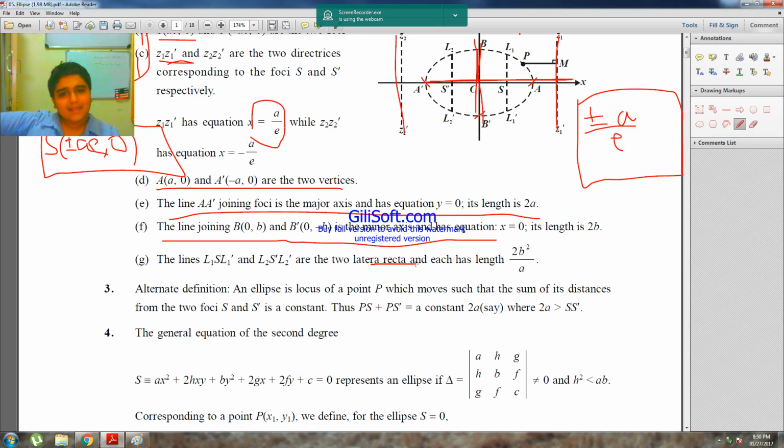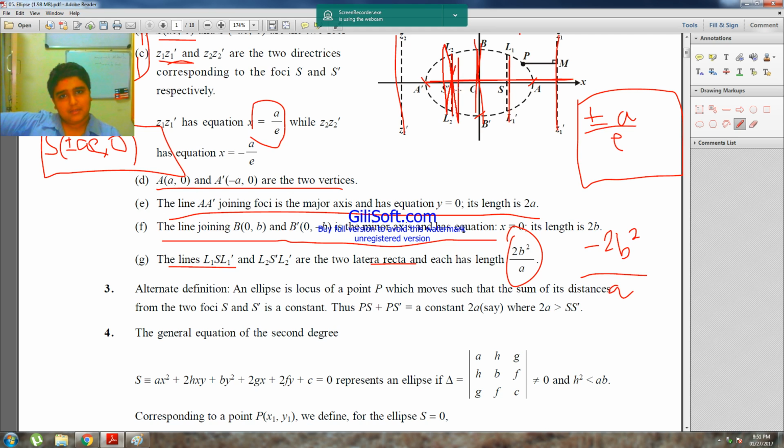And now we got the lattice vector, or rather lattice vectors, plural. These two lines over here are the lattice vectors. Again, you got two lattice vectors. One in the positive x direction, its equation is given by 2b square upon a, and one in the negative x direction given by minus 2b square upon a.